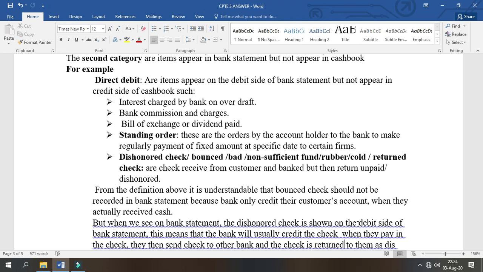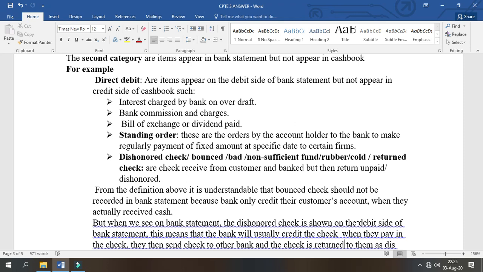Meaning that if you deposit the check, the bank credits your account, and then the bank sees that the check has insufficient funds.